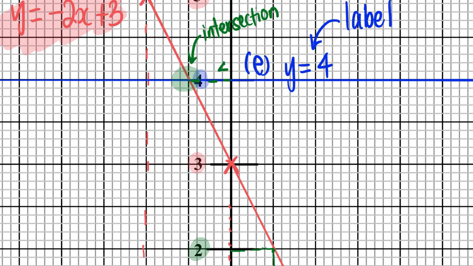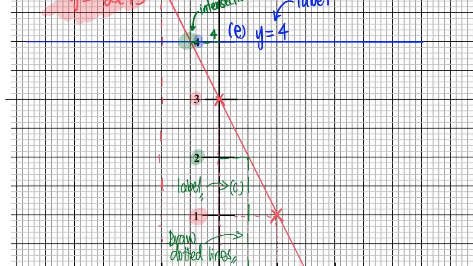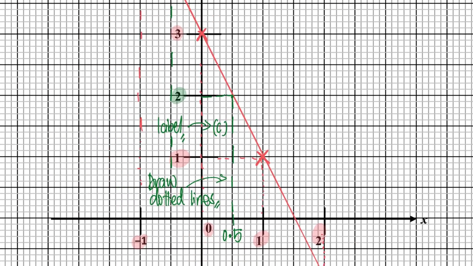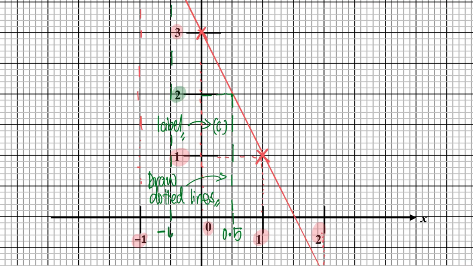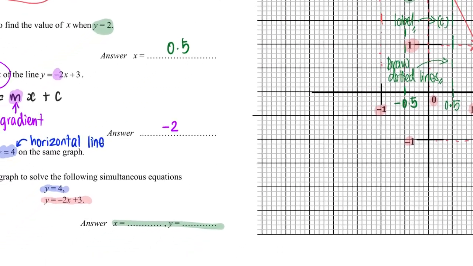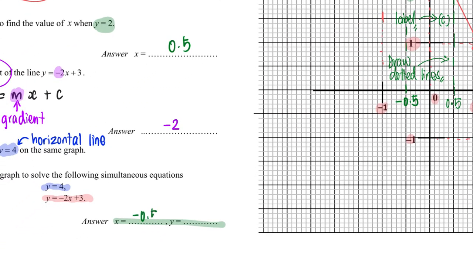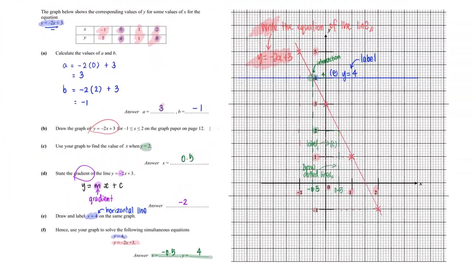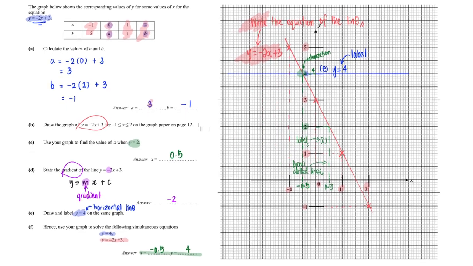So I will have 4 for y, and as I go down, I will get negative 0.5 for x, negative 0.5, 4. With that, we have come to the end of this particular question. And let's move on to the next question.